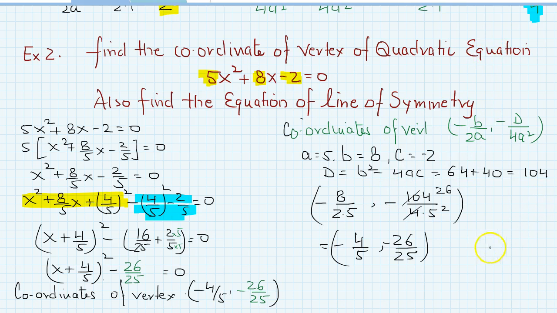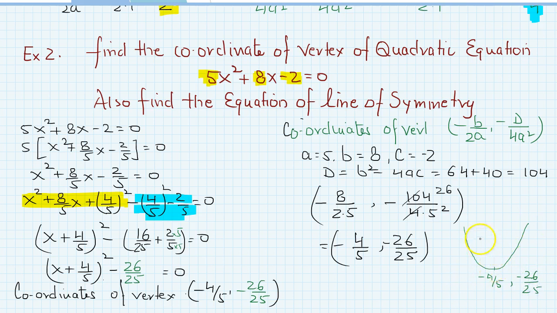Now, if we have to find the line of symmetry and also find the equation of line of symmetry, let's say this is our graph and this is minus 4 over 5 and minus 26 over 25.